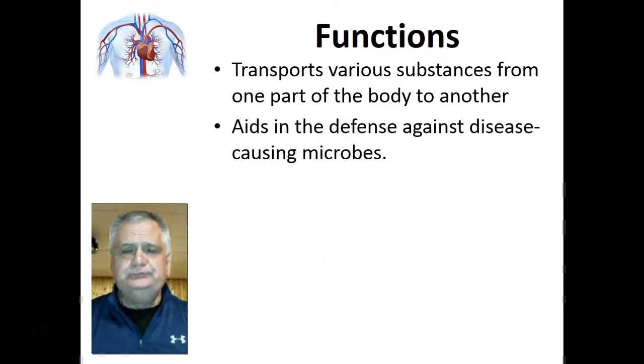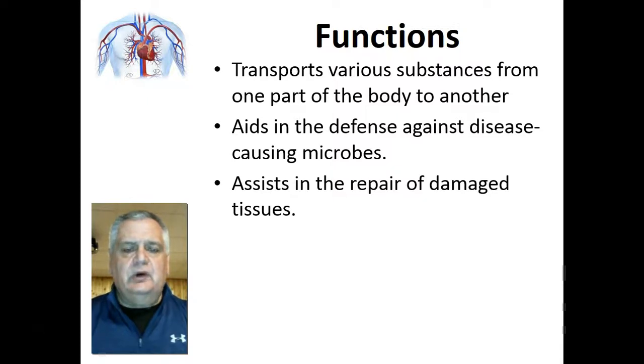But in addition, the cardiovascular system also aids in the defense against disease-causing microbes. In the blood, whenever we talk about it, we'll take a look at white blood cells. And these white blood cells have the ability to provide that defense against disease-causing microbes. So that's a function of the white blood cells in the blood.